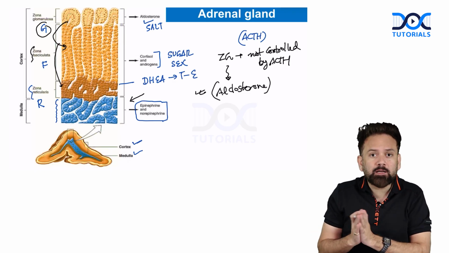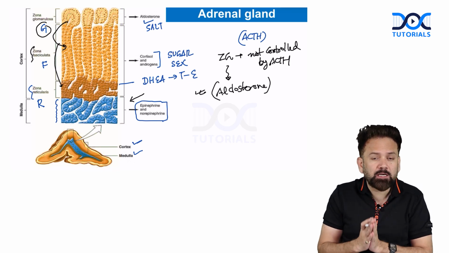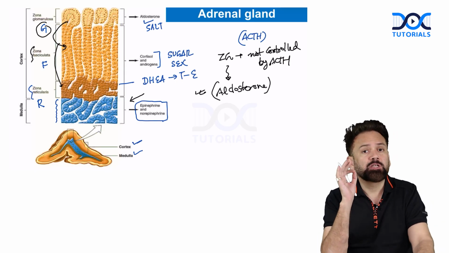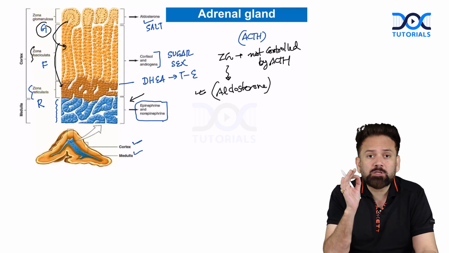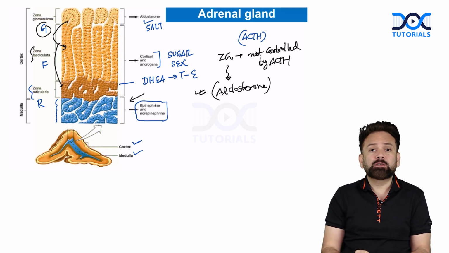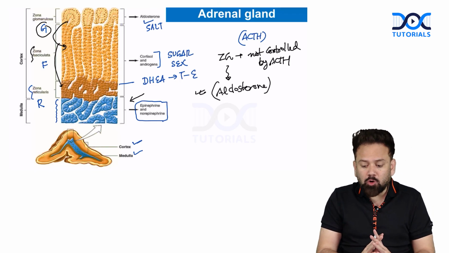But Liddle is different: in Liddle, aldosterone is less. That is why, if you remember, it is also called pseudohyperaldosteronism. Although it looks like high aldosterone, aldosterone is actually less because of the suppression. And there we gave the ENaC blocker amiloride. So this is all we have discussed.